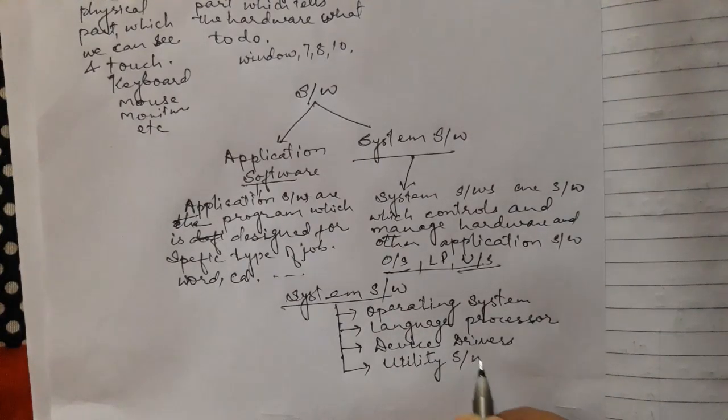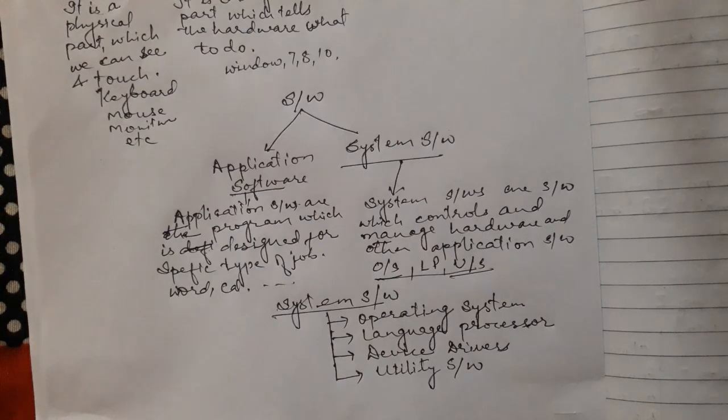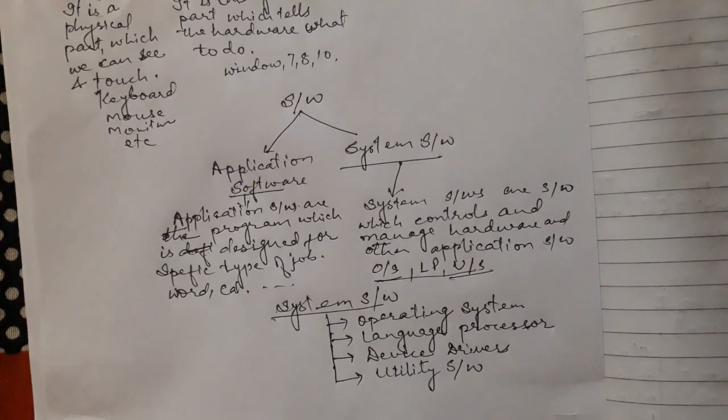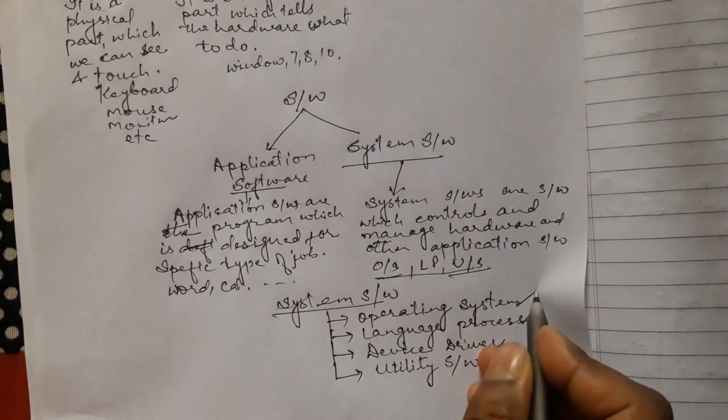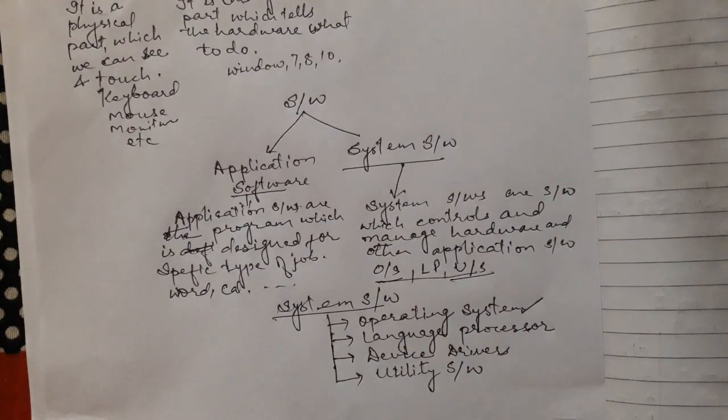So we have seen that system software may be of four kinds, that is operating system, language processor, device drivers and utility software. Now let us see the very first one. What is an operating system?